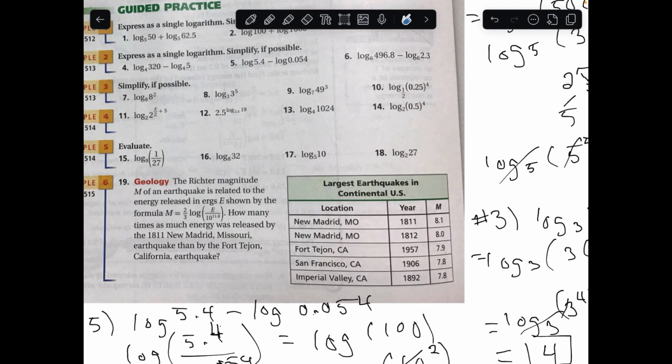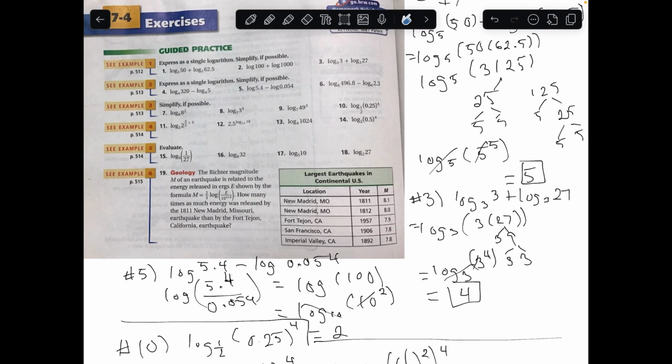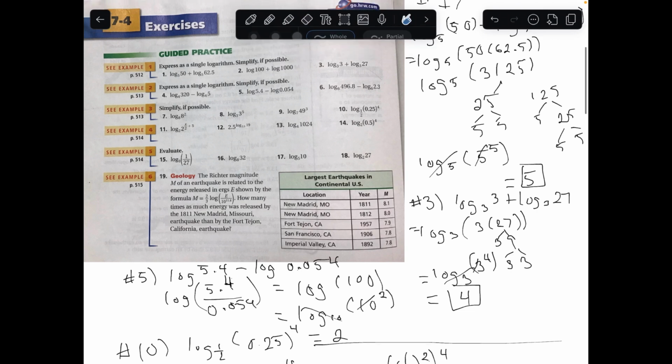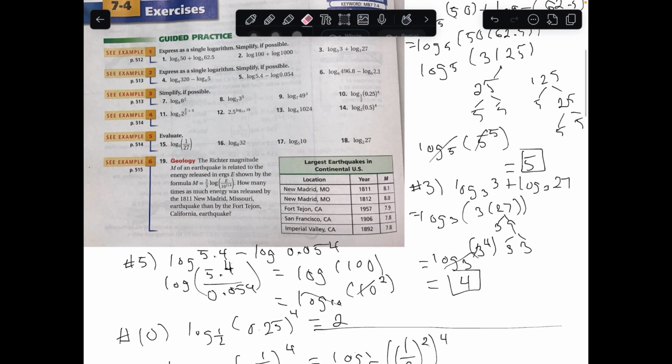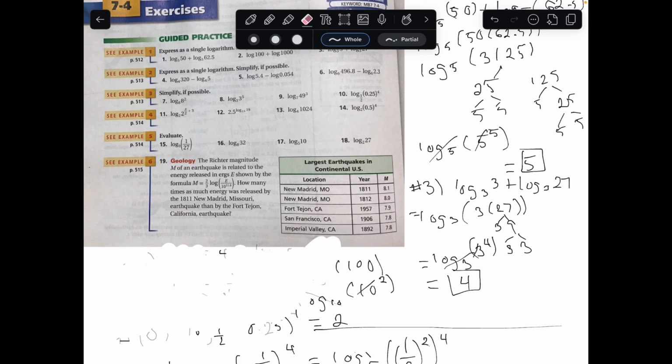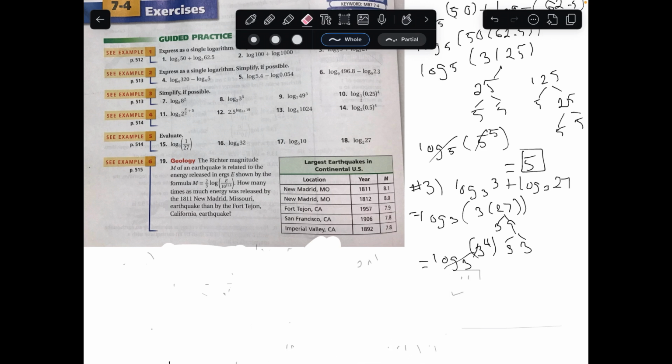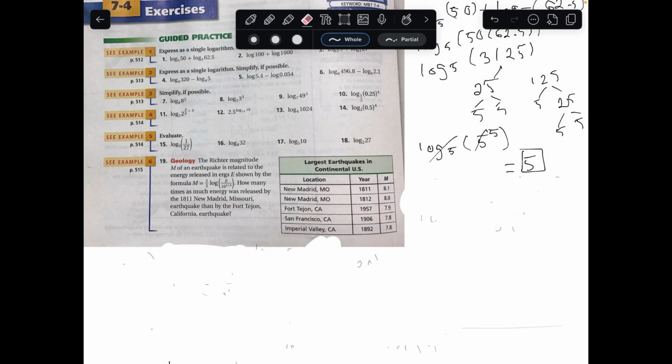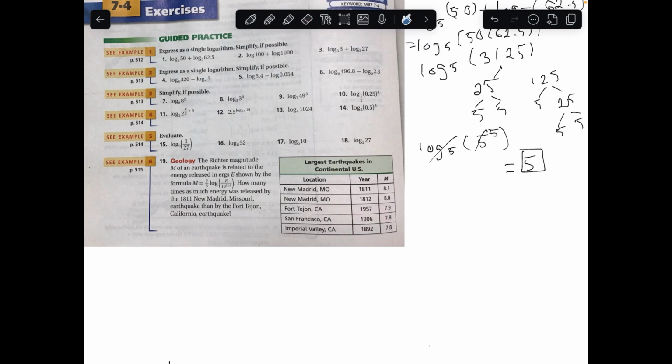Let's do that one first. I am going to erase a little bit of this so I don't have to go all the way down. Give us some working space. Okay.